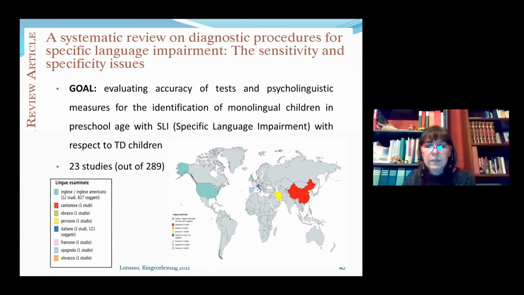And out of 289 studies, they selected only 23 studies, which, as you can see in the map, concern languages in the whole world. The majority of the studies are in English, but there are also studies on Cantonese, Hebrew, Persian, Italian, French, Spanish, and Slovakian.